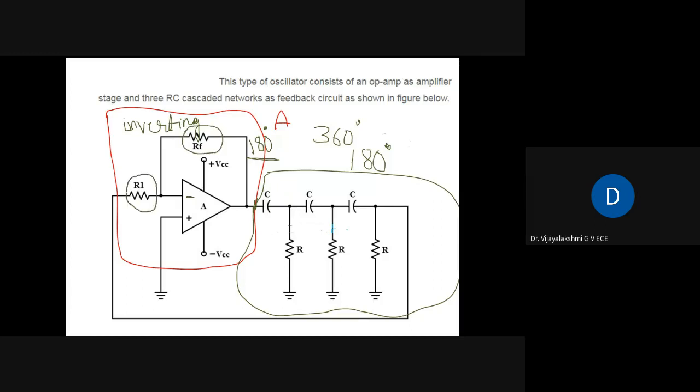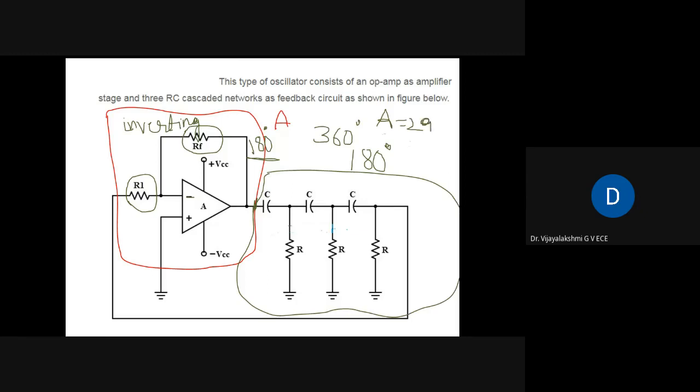Okay, so you have to properly select them such that this amplifier gives us a proper gain A, in turn satisfying the Barkhausen criteria, that is A into beta should be equal to 1. So for this oscillator, we design the circuit in such a way that A is equal to 29. This is fixed for this RC phase shift oscillator.